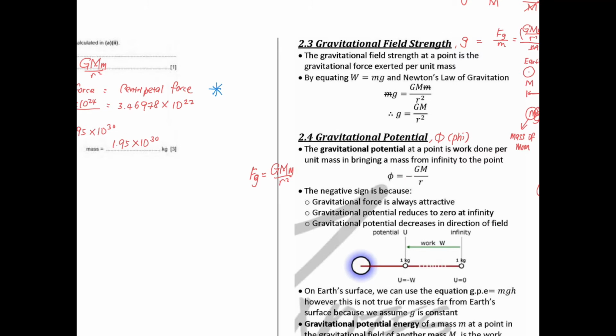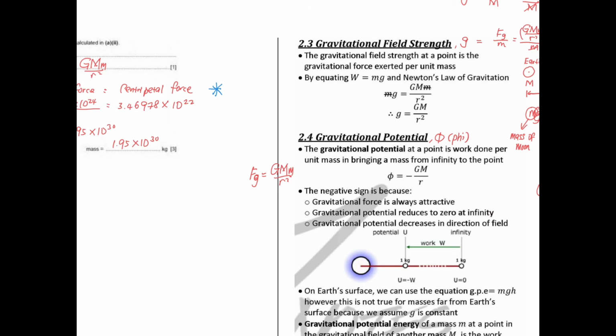So now they are trying to explain why you can't ignore it at all, so we have to put it there. First, because it's attractive. Second, because gravitational potential reduces to zero at infinity.